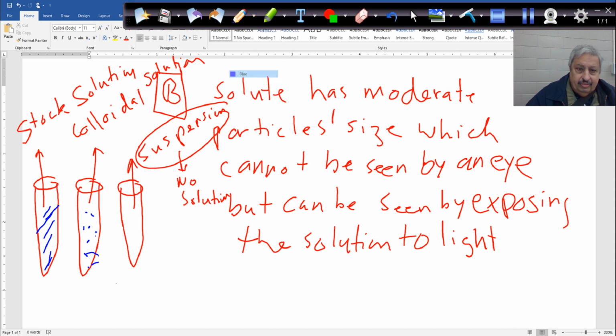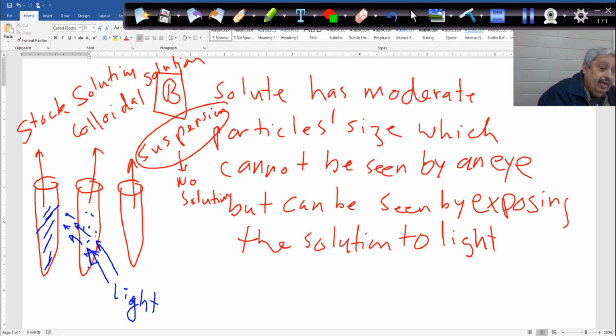That would be nicer. Light goes through, goes out. This is light.